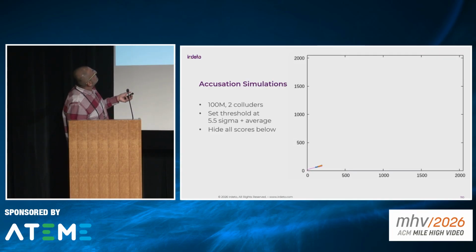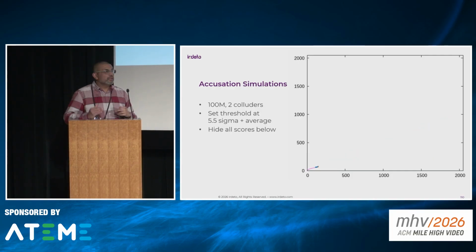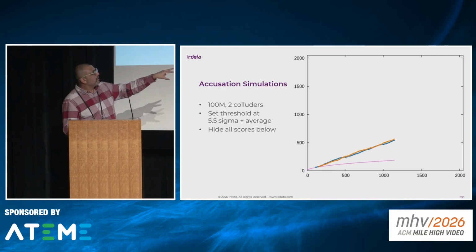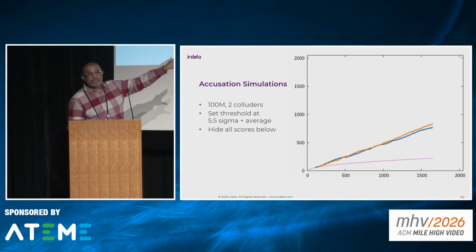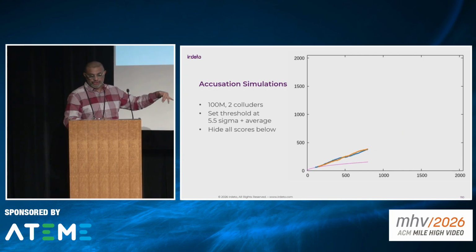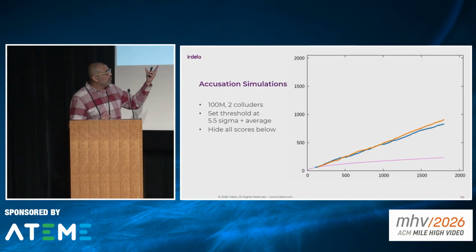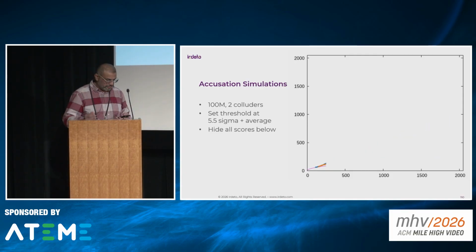Now let's look at the case where we had 2 colluders. All of a sudden, you can see that it takes longer. Now you require like 100 bits or so, and after that, only 2 users' scores keep increasing, and everybody else is below the threshold. Now you can safely say that you can still detect 2 users, it just took longer.